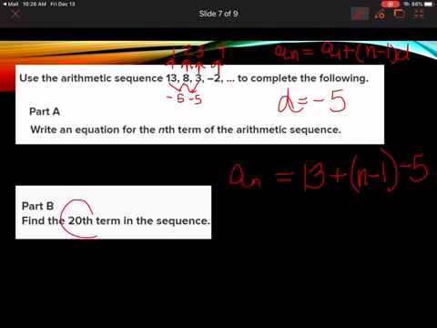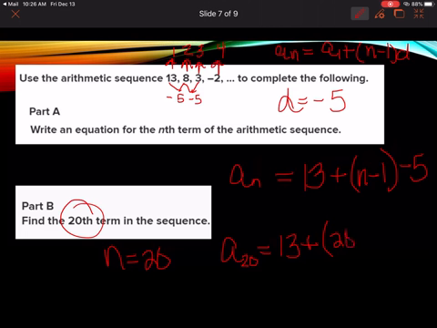Now it says find the 20th term. So n equals 20. I would say a sub 20 equals 13 plus 20 minus 1 times negative 5. I have to do order of operations. So 20 minus 1 is 19. 19 times negative 5 plus 13.